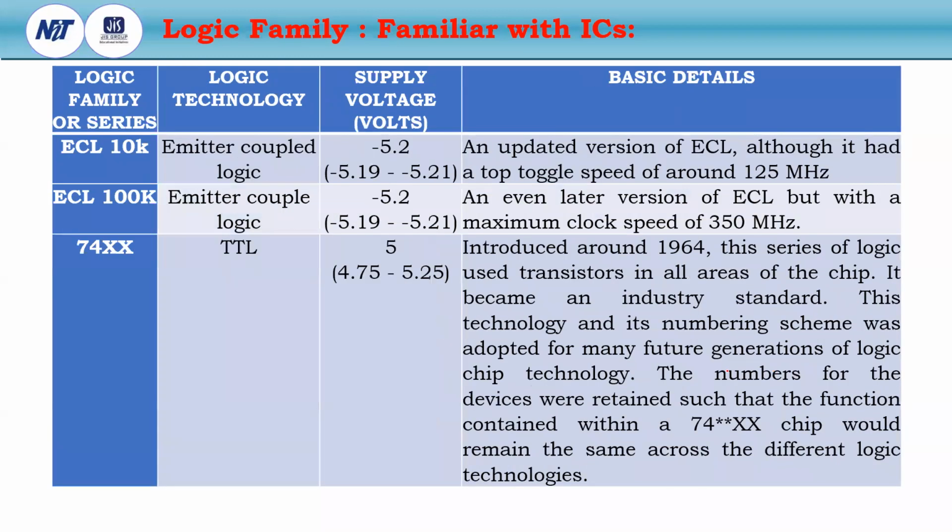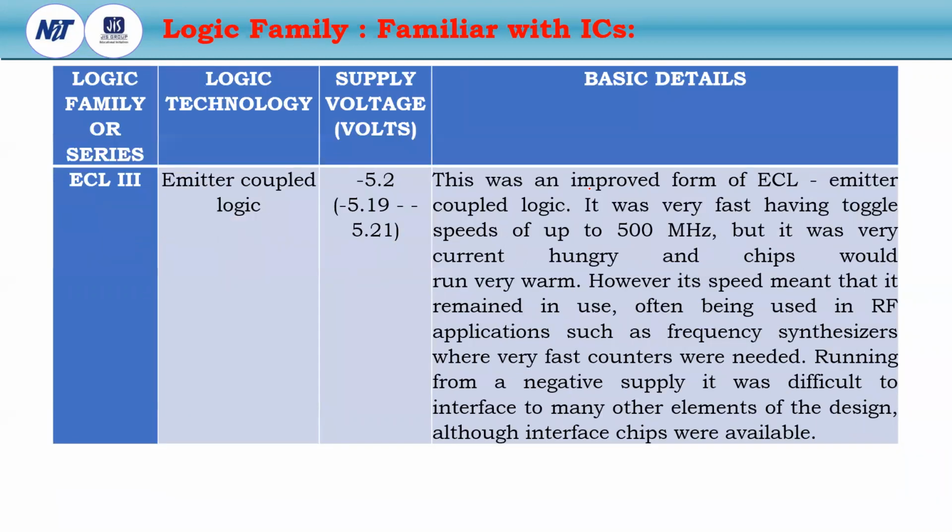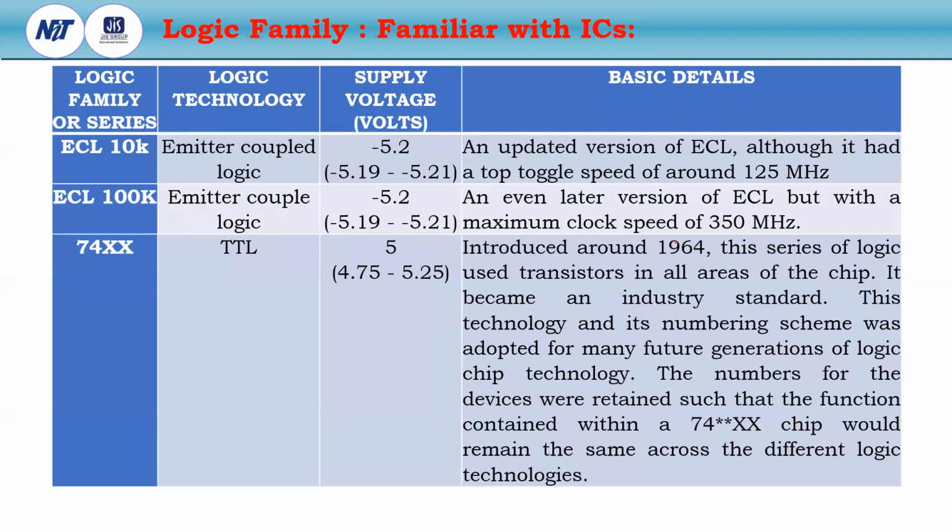Now come to another type of emitter coupled logic, that is the emitter coupled 10K, where the supply voltage is this, and the toggling speed is 125 megahertz. Okay, before this is 500 megahertz, ECL 3, but ECL 10K is 125 megahertz. 100K, it is 350 megahertz.